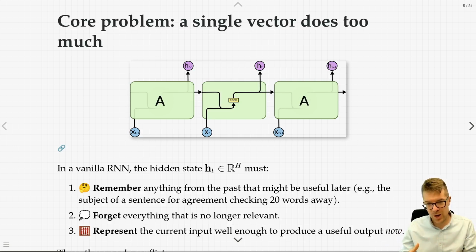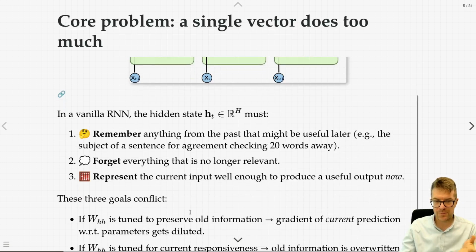How it learns to accomplish this happens naturally through backpropagation, and we saw examples in the previous module of how this is helpful. That being said, these vectors are fixed length. They can't remember an infinite amount of information. To some extent you have to compress information or lose information when you're continuously feeding information forwards in time. So these hidden vectors have to forget things that are no longer relevant and learn how to do so. That's the second point.